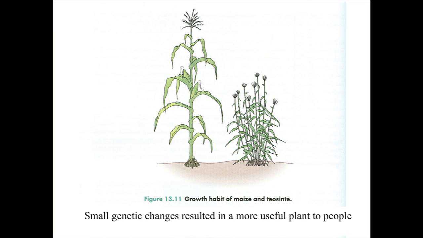So it was very small genetic changes which caused modern day maize to become monoecious, in that the male now is at the top of the plant that produces the pollen that we call the tassel. The female, which we call the ear, is arranged laterally.